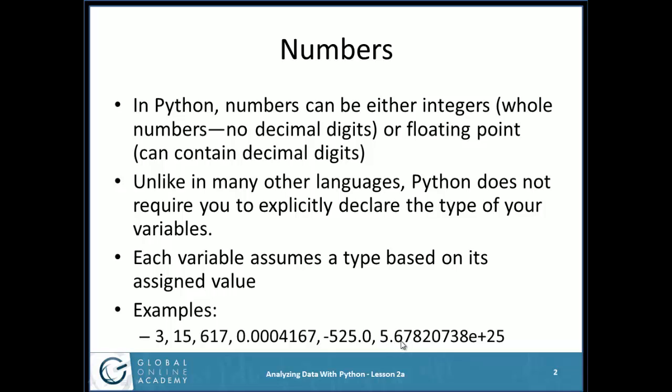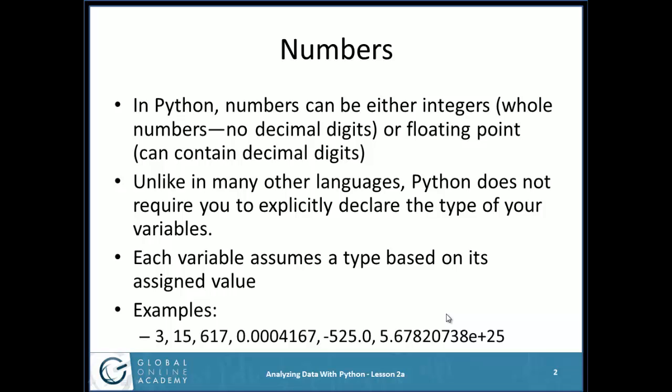This means 5.678 and so on times 10 raised to the 25th power. This little e here is the signal to Python that you're using scientific notation, meaning 10 raised to a power. It's not the same as the little e you may have learned in a pre-calculus or calculus class as the base of the natural logarithms. It's just 10 raised to a power.